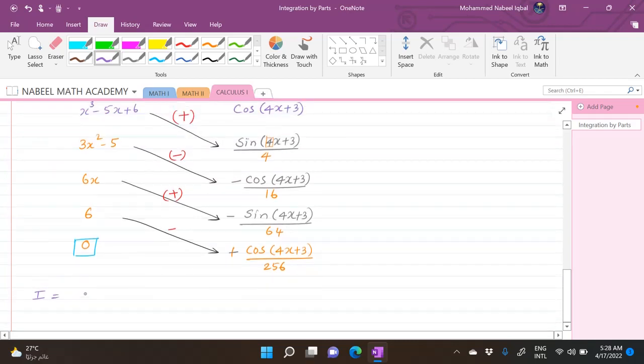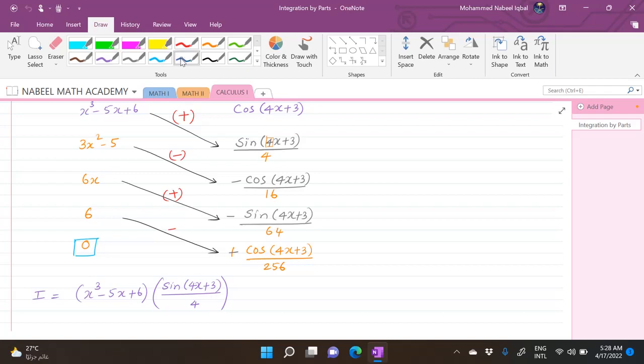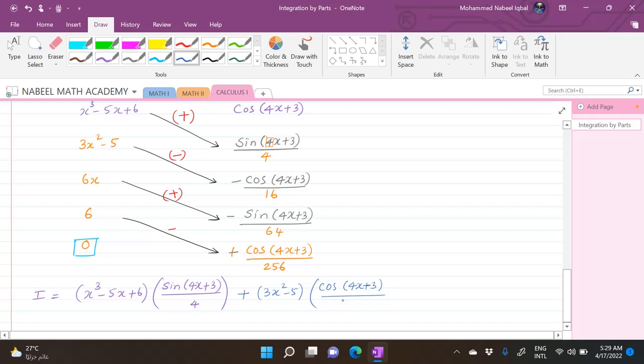First of all, I multiply (3x^3 minus 5x plus 6) into sine(4x plus 3) over 4. So the first term is over. The next term, minus, and the polynomial 3x square minus 5 into cosine(4x plus 3) over 16. So the second part is completed.